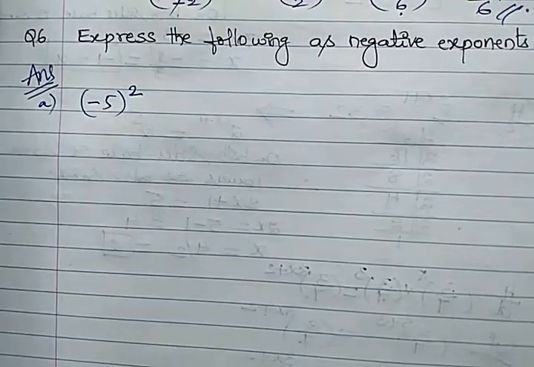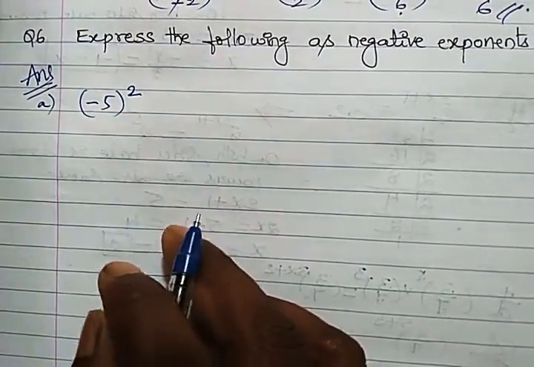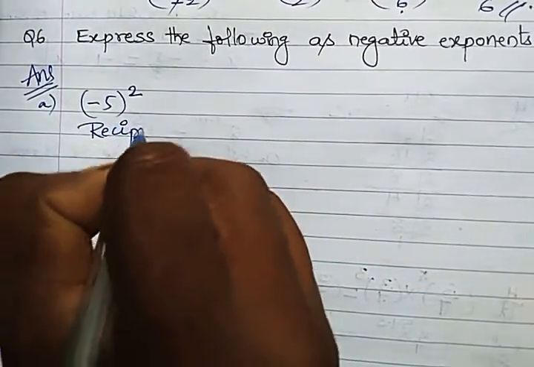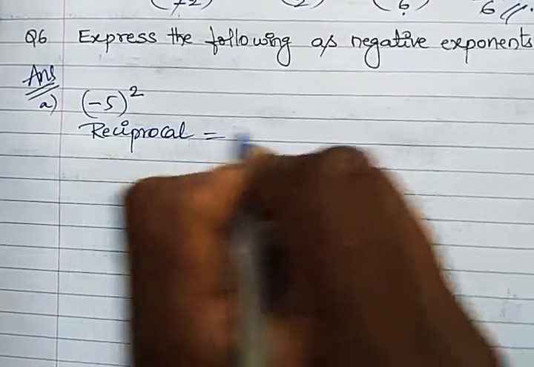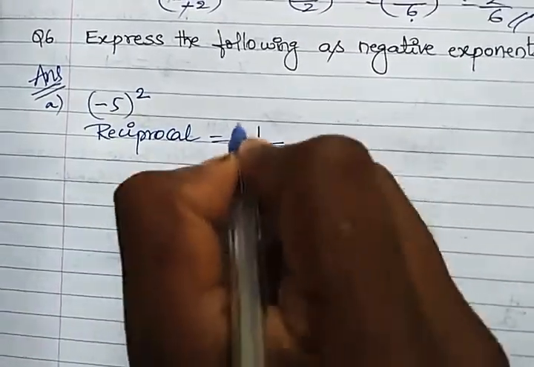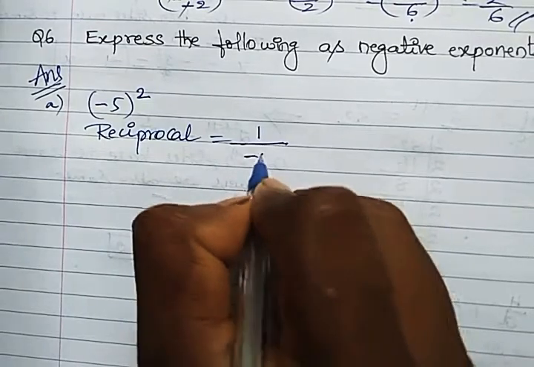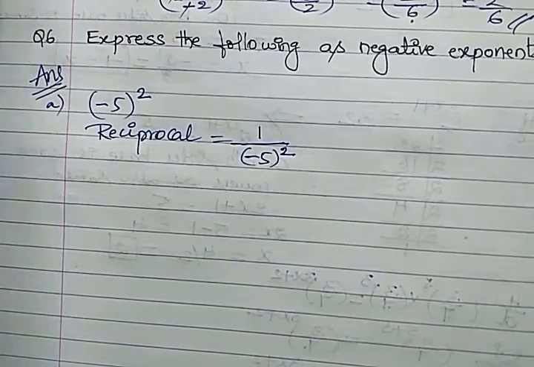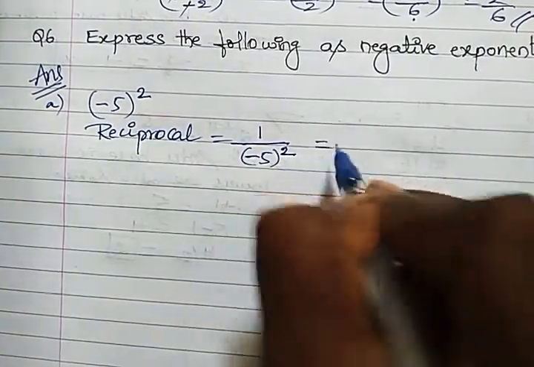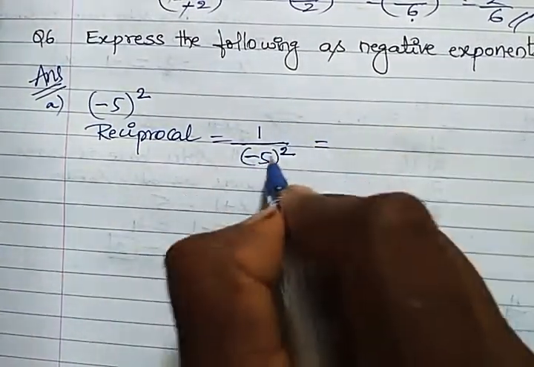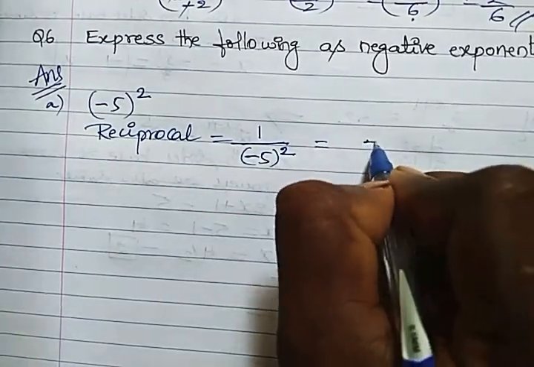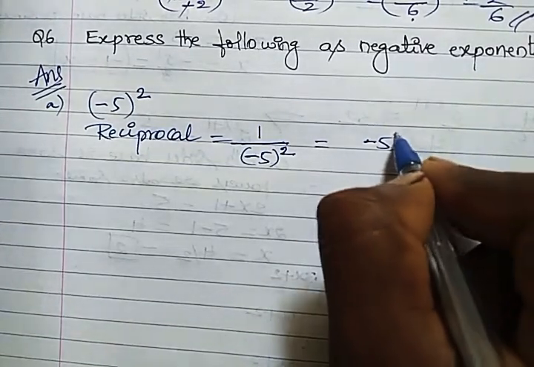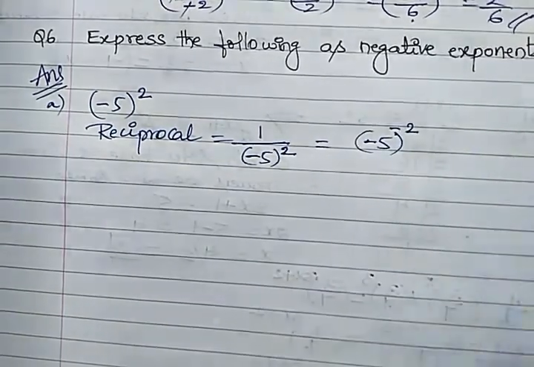Here the power is positive. So to take the reciprocal of it, reciprocal means writing 1 divided by minus 5 power 2.